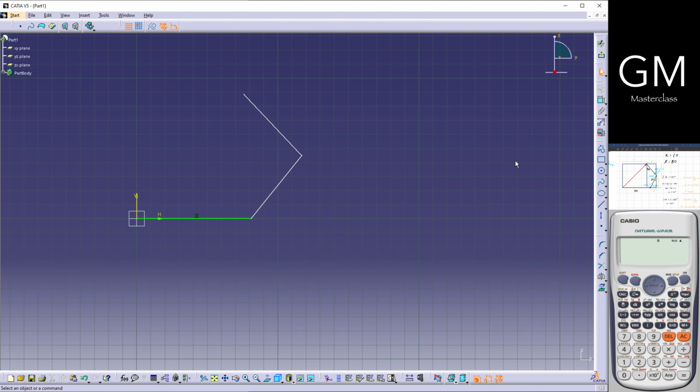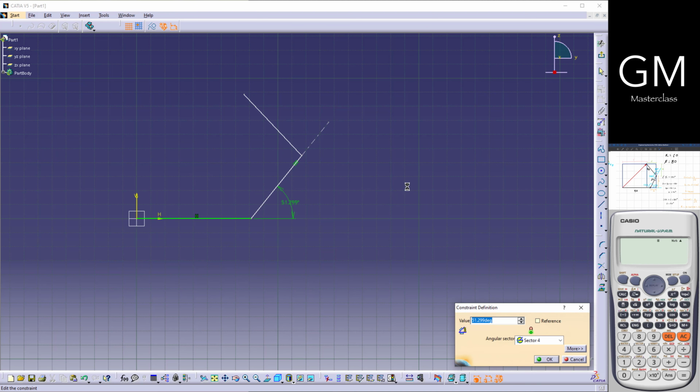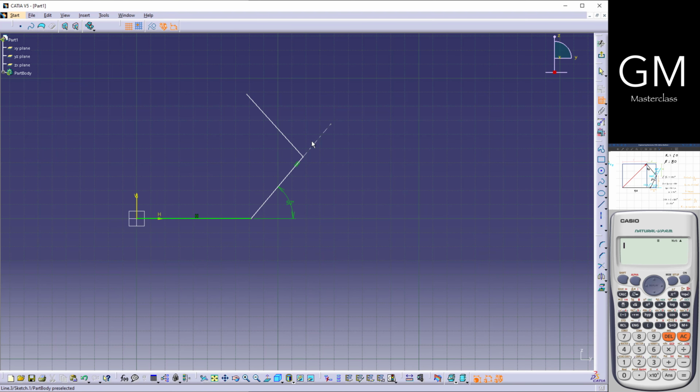Okay, in this case I need this line right here. This has an angle of 50 degrees. This has an angle of 80.